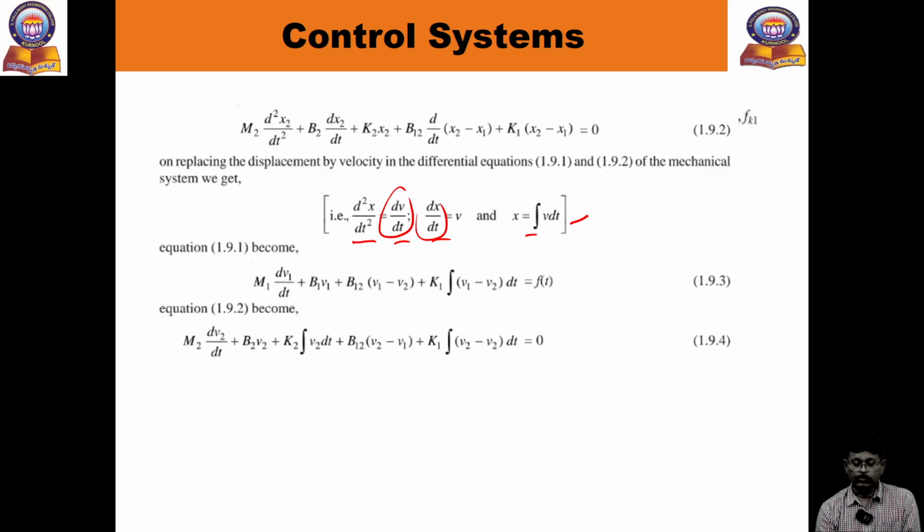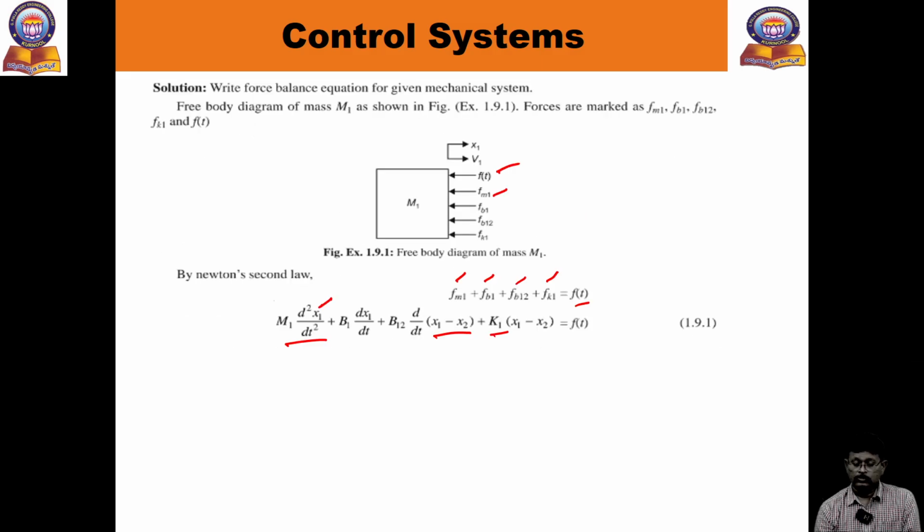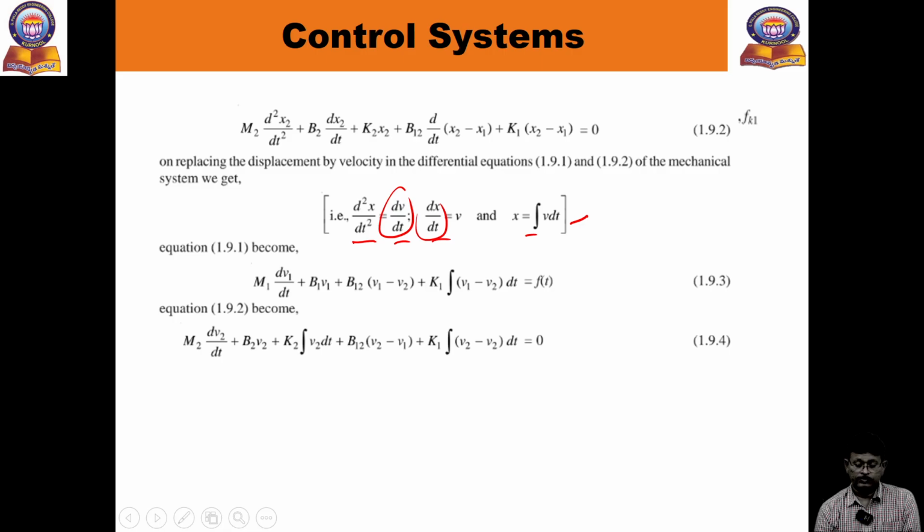So b12 into (v1 minus v2), right? What is b12 into d by dt of (x1 minus x2)? dx1 by dt is v1, and dx2 by dt is v2, so v1 minus v2.